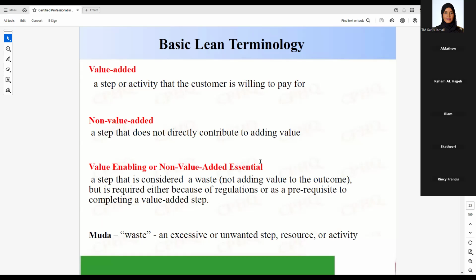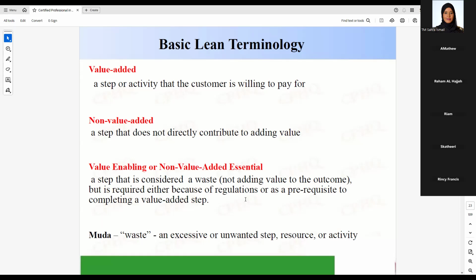Now, the nursing vital signs and the registration process are considered value enabling or non-value added essential. It's important, we have to do it. You cannot see the doctor if you don't register, right? True. Yes. Unless you register, this is value enabling. So for you to go to the next step that's important to you, you have to do this step, which is register.